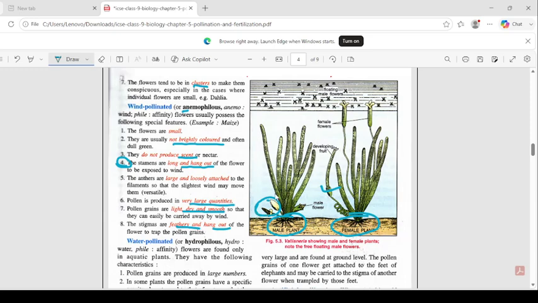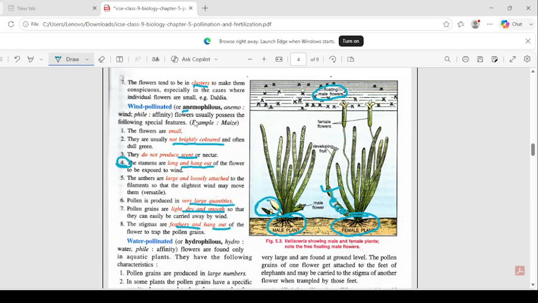Now this male flower, when mature, will not release the pollen grains; rather it directly releases the male flowers which float at the surface of water because these are light in weight. Meanwhile, the female flower has a spring-like style, which you can see here.